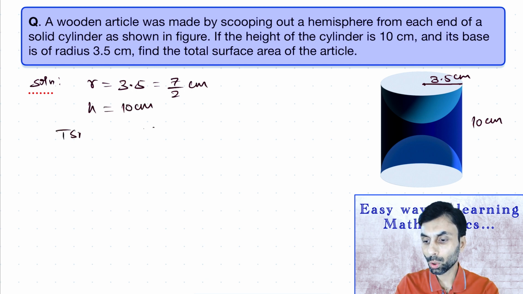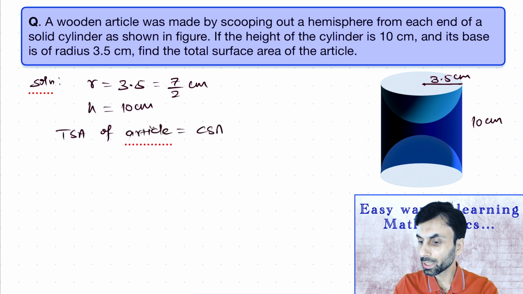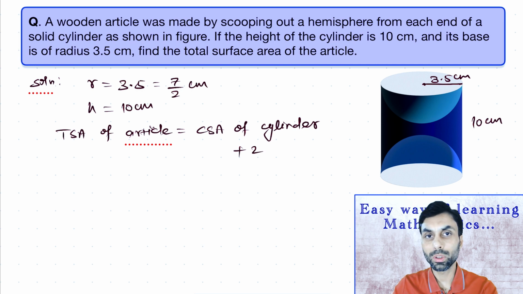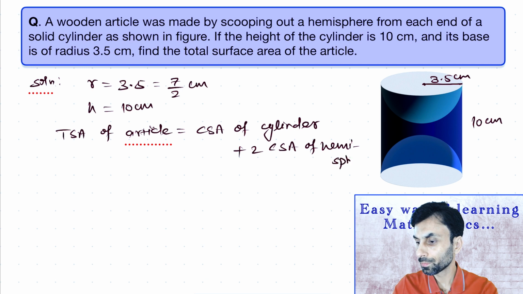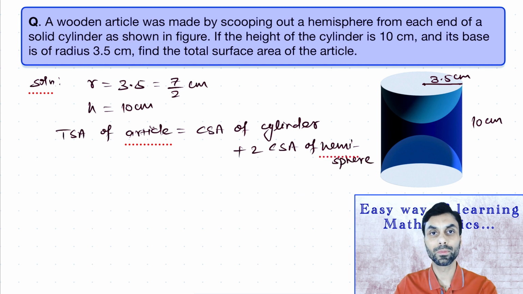Here total surface area of article will be curved surface area of cylinder plus 2 times curved surface area of hemisphere, as we are scooping out hemisphere from both ends.